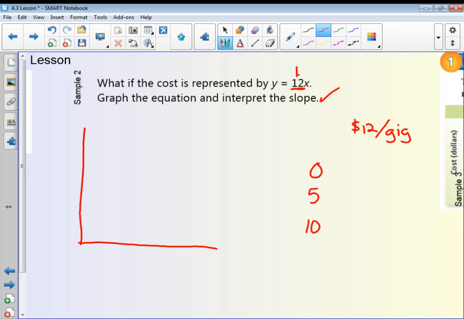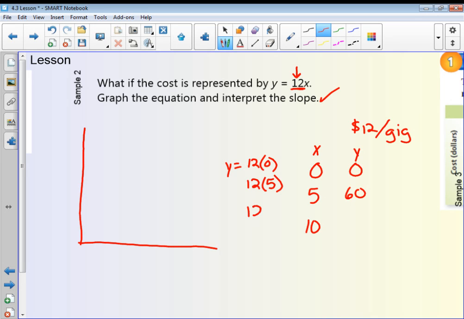If our m, or our slope, is a whole number, we can pick anything that we want. So if I put 0 in there, 12 times 0 is going to give me 0 for my y. If I did 12 times 5, that would give me 60.